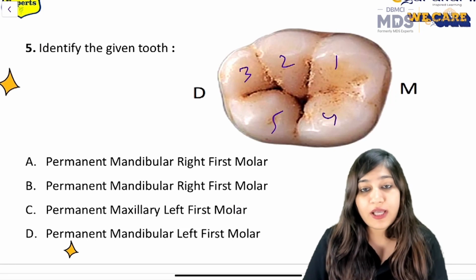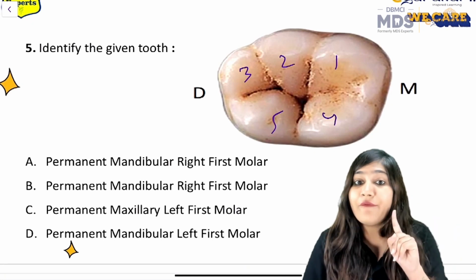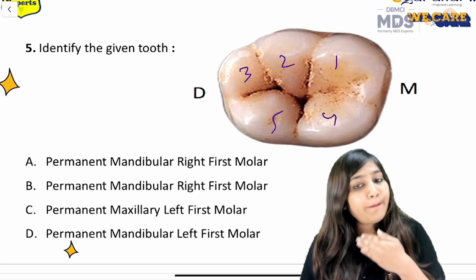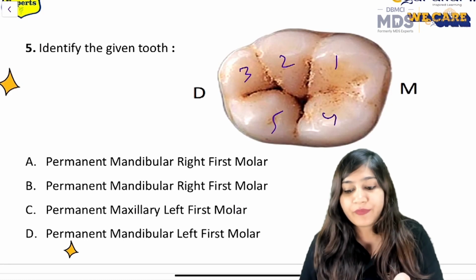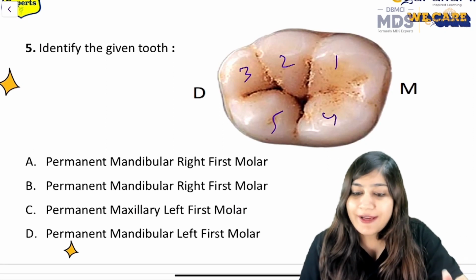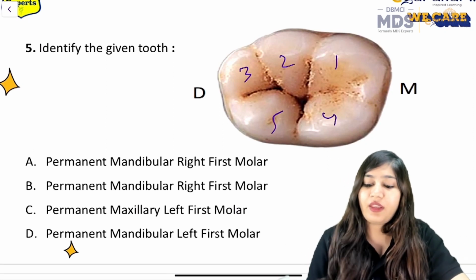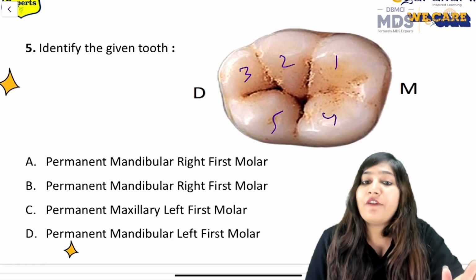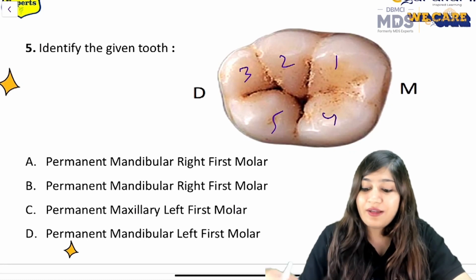Maxillary first molar has 4 cusps and 1 supplemental cusp which is present lingual to the mesiolingual cusp. So here it is not seen. They are proper well developed 5 cusps, right? So 5 cusps are present mainly in the mandibular first molar.